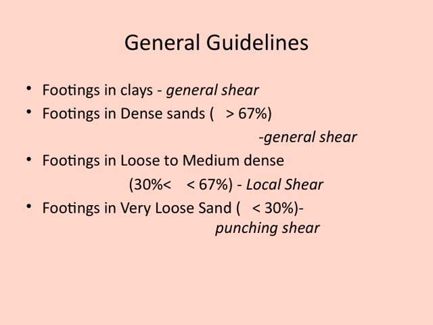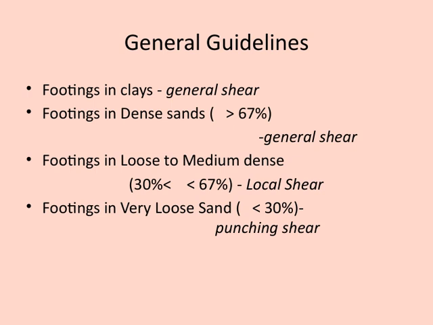Now, for loose to medium dense sands, with a relative density between 30% and 67%, the situation changes a bit. Here, local shear failure becomes more critical because these soils are less stable under load, and failure can occur in localized zones rather than the entire footing. Finally, in very loose sands, less than 30% relative density, punching shear is the primary failure mode.